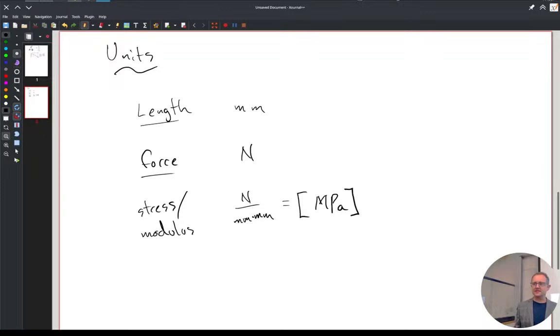This is a nice, consistent set of units to use with finite elements in general, depending on what you're working with. I used to do nanomechanics FEA results, and there I would use nanonewtons and nanometers. But megapascal is good.